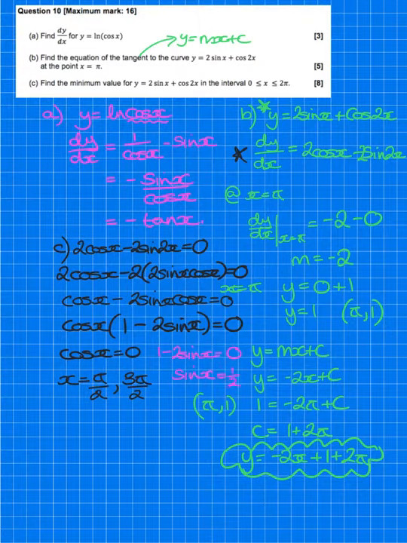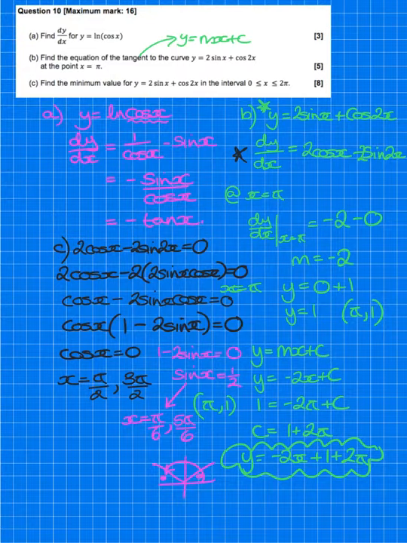Sin x would equal a half, and x would then be, when does it equal a half? That's 30 degrees, but we're working in radians, pi on 6. Or if you want to draw a quick little diagram, sine is positive here and here, so it's pi on 6 there or pi on 6 here, and over here that's really the same as 5 pi on 6.